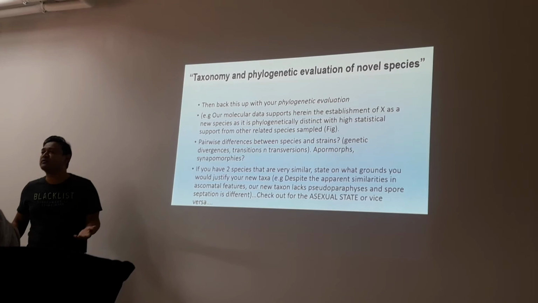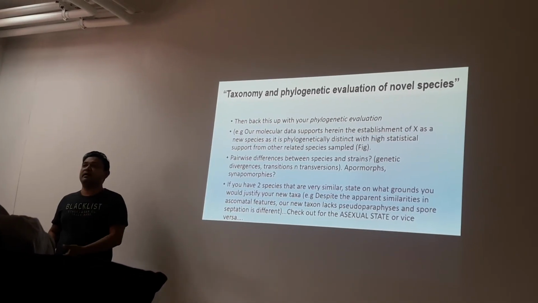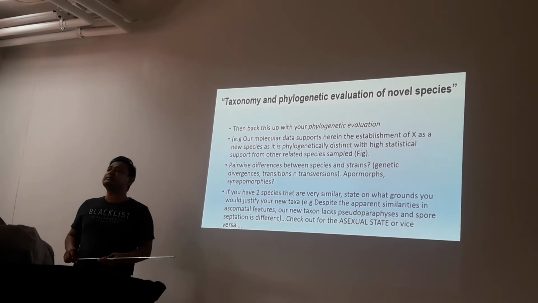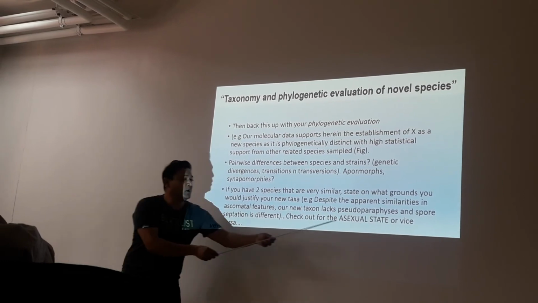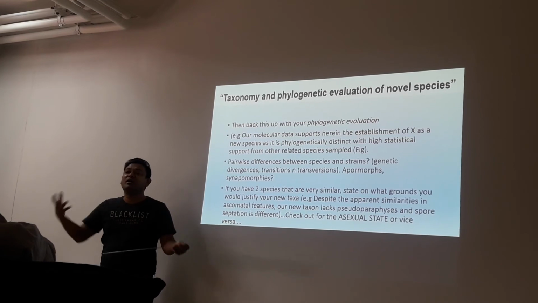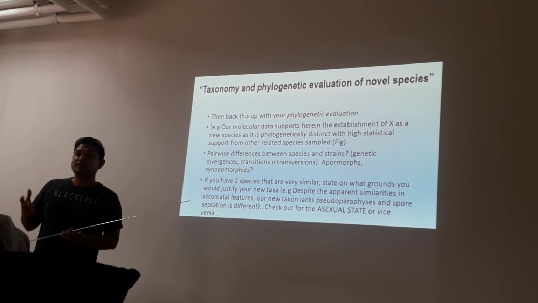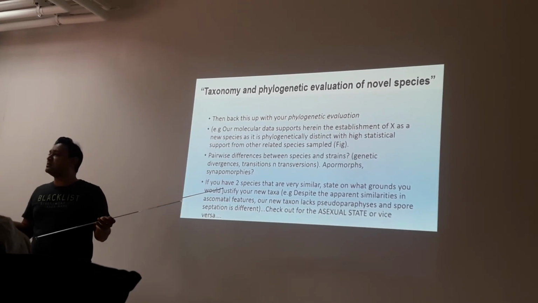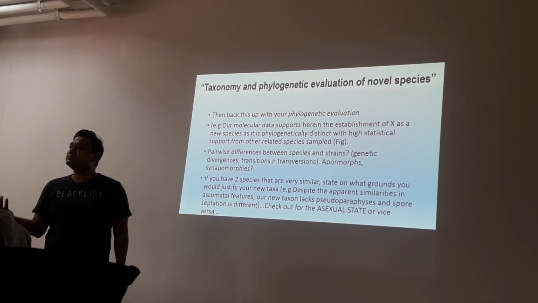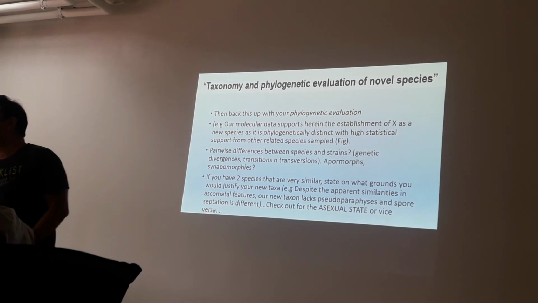Let's say you want to identify a new species and you got it from cultures in the asexual state, but most of its phylogenetic members are sexual fungi, then you will not be able to make a good morphological comparison. So this is where you rely on your phylogeny to state why my species is different.